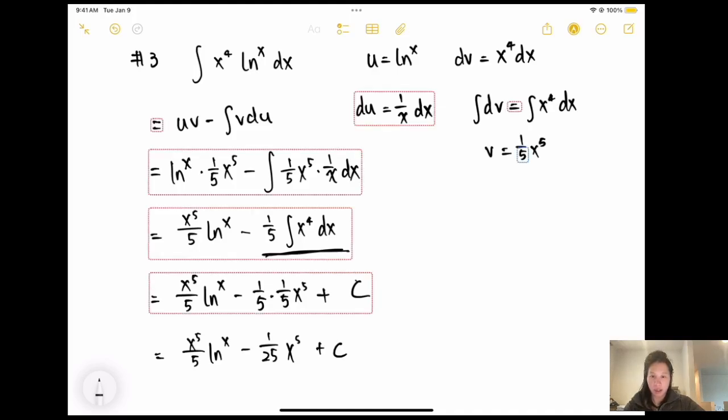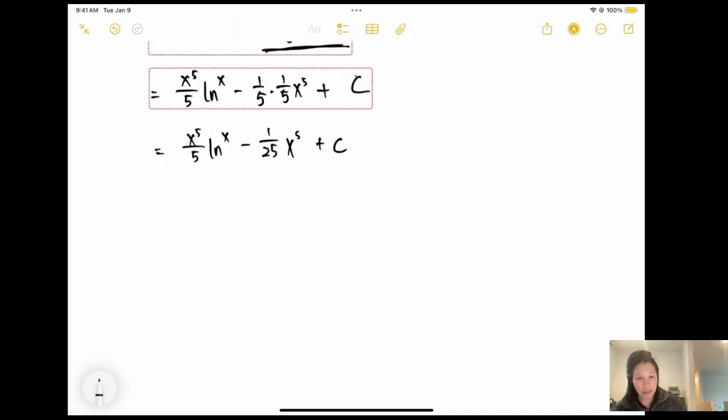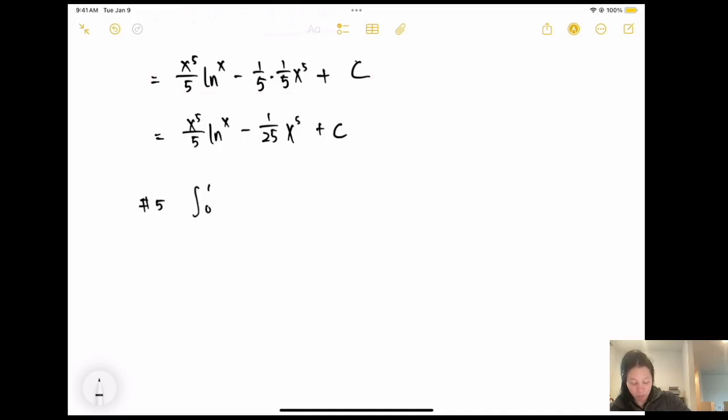Okay, number 5. Do we have number 4? Number 5, we can do number 5. Number 5 is a little bit harder, but again, this is all the practice of u substitution and integration by parts. So let's do number 5 together. So number 5 is the integral from 0 to 1 of e to the 3x, and then x dx.